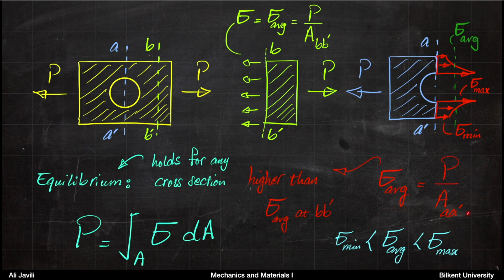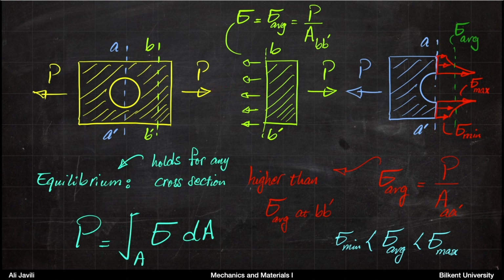And because the AA prime cross-section is smaller than the BB prime cross-section, then the average stress here is larger than the average stress at BB prime. Okay, so that's one thing. So the average stress itself is higher, but that's not the whole story. Even that average stress is smaller than the maximum stress that occurs in that particular cross section. So you should always think of it this way, that there must be this equilibrium, and then equilibrium means that you should have the same P here and you should have the same P here.